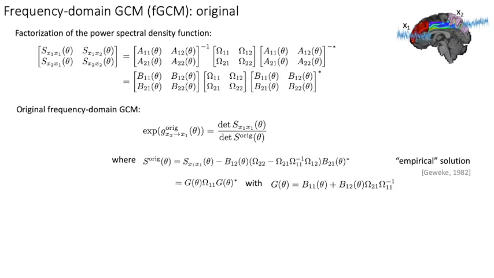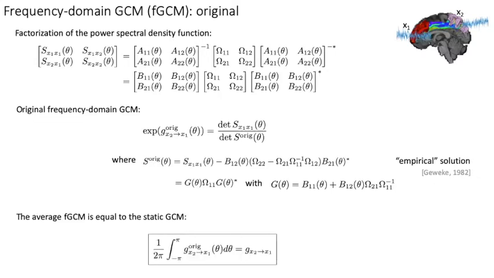Basically, they're trying to decompose the residual process, and as Geweke said in his paper, this is an empirical solution, trying to make sure that the average frequency domain Granger causality equals the static Granger causality measure. So that's one of his motivations. The physical meaning here is really not clear. Basically, it's based on the decomposition of this residual process, not really defined by some filter.